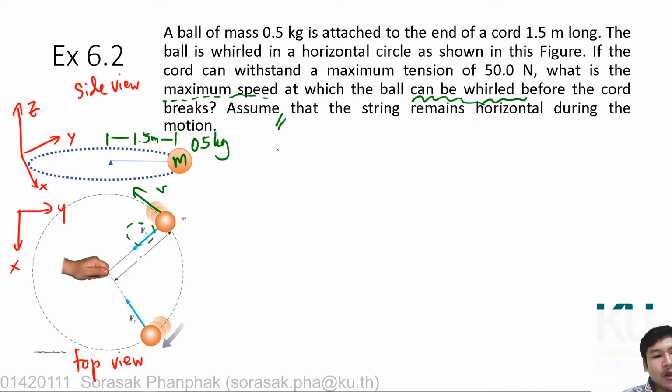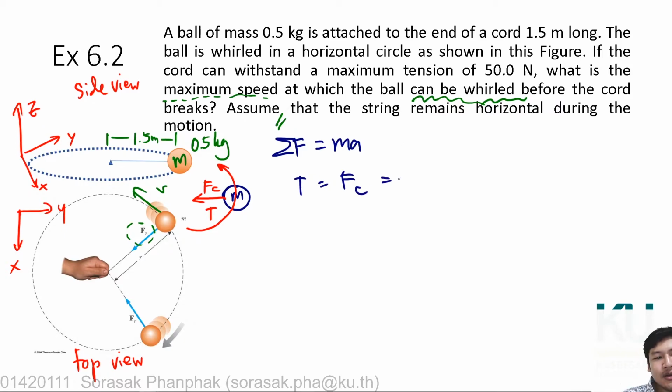The information that we know is the force that happens when this particle moves. If you look at the mass m here, there would be some centripetal force from the string tension, right? Pulling it outside, and this is moving as a circular motion. So in this case, your T is your centripetal force, equal to mv square over r.